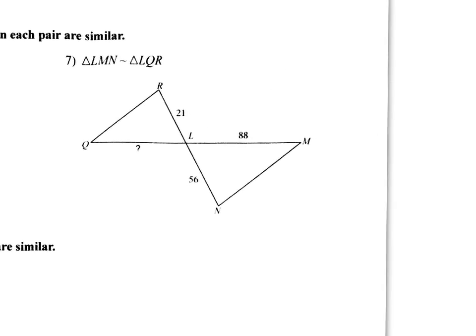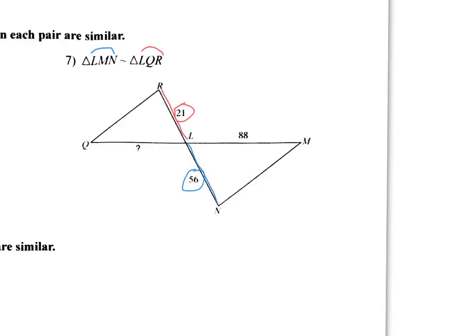Okay, so in this case we are going to have to do our proportion to find the missing side. Now, what you want to do is read your similarity statement so that you know what goes with each other. In other words, this 21 is side LR, or RL. So we're going from L to R. So that goes with, if we come over here in the other similarity statement, LN, which is right here, which is the 56. So the 21 and 56 go together.